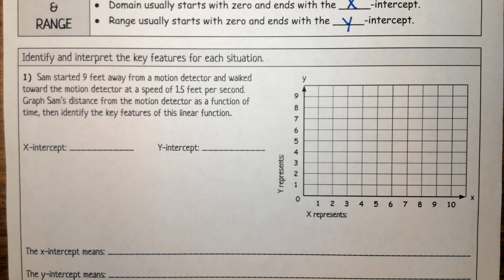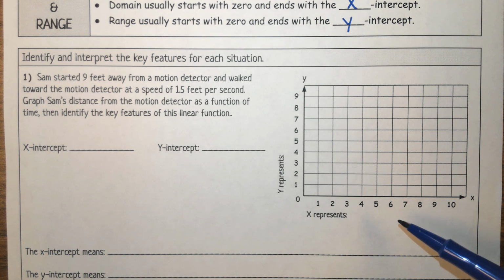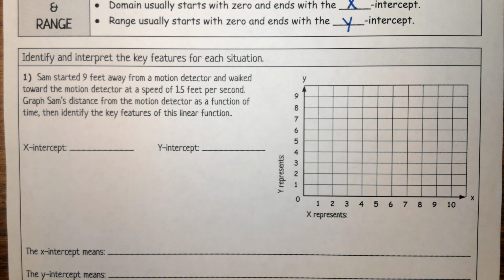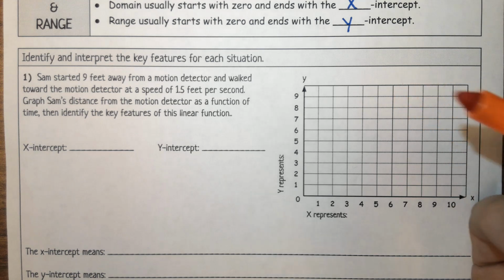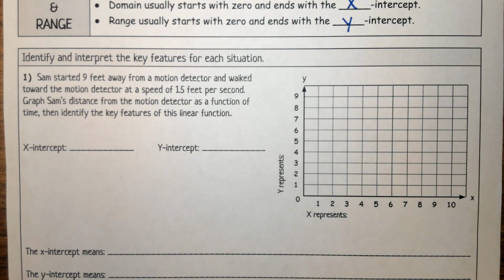So first you need to go through and figure out what is x, what is y, to label the axis. So if you look over here on the graph, x represents what? Y represents what? Okay, so first we go back through, and if we read, you want to look for where it tells you that something is a function of something else.